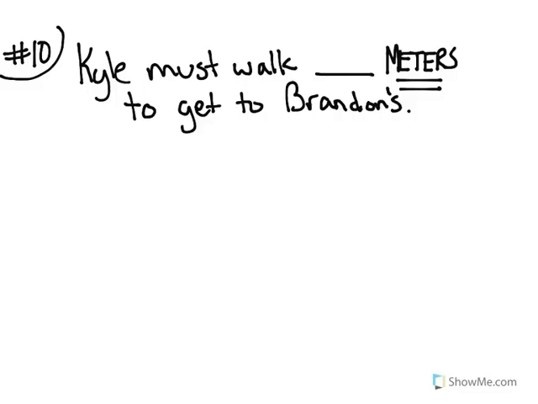So this problem, great picture. It's a great picture because I can think about Kyle's house being here. I'm going to label it with a K. And here's Main Street. And at the other end of Main Street is Brandon's house. And now I can start labeling it with the numbers that I know.